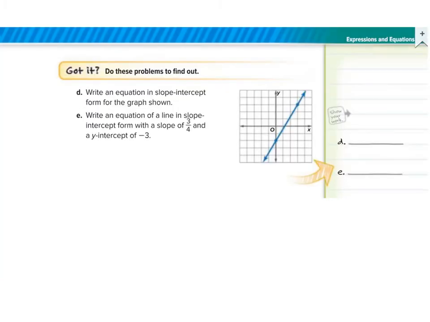Okay, let's try one on our own. So it says write an equation in slope-intercept form for the graph. So let's write an equation, and we need to find what the y-intercept is, and we have to find what the slope is.